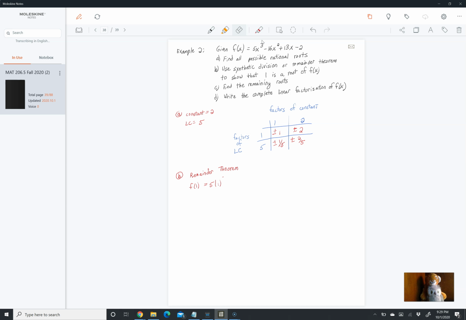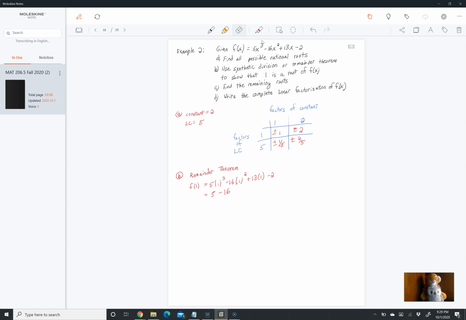So 5 times 1 cubed minus 16 times 1 squared plus 13 times 1 minus 2. And this, it's 1, so it makes it easy. 5 times 1 cubed is 5. Negative 16 times 1 squared just leaves us with negative 16 because the 1 doesn't change anything.